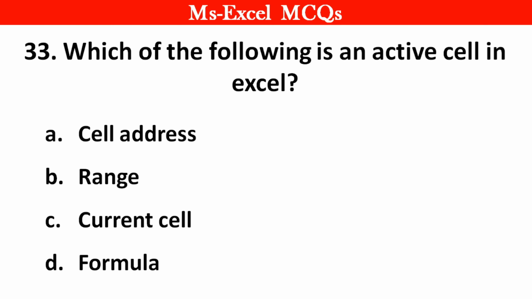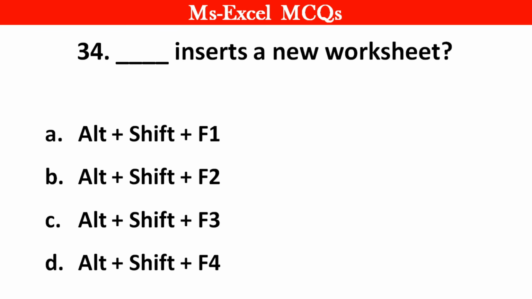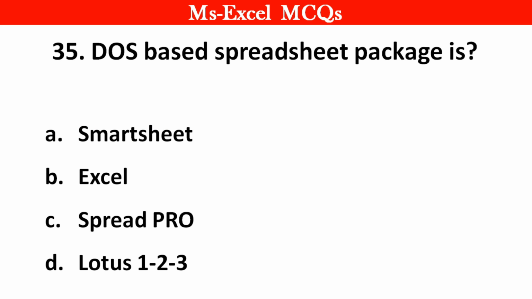Options: A, cell address; B, range; C, current cell; D, formula. Right answer is option C, current cell. Next question. Dash inserts a new worksheet. Right answer is option A, Alt plus Shift plus F1. Next question. A DOS-based spreadsheet package is: options A, Smart Sheets; B, Excel; C, Spreads Pro; D, Lotus 1-2-3. Right answer is option D, Lotus 1-2-3.